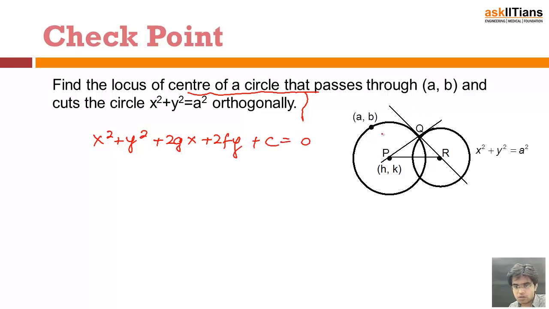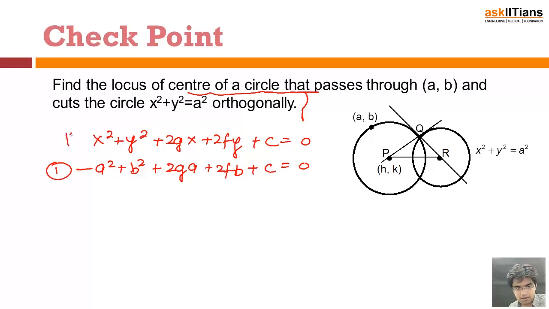It passes through this (a, b). So a square plus b square plus 2ga plus 2fb plus c is equal to 0. Let's say this is the first deduction that we have.